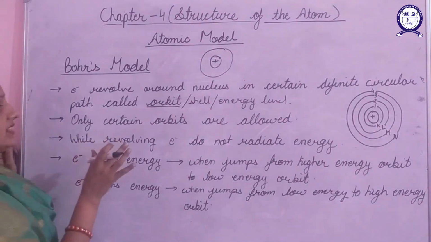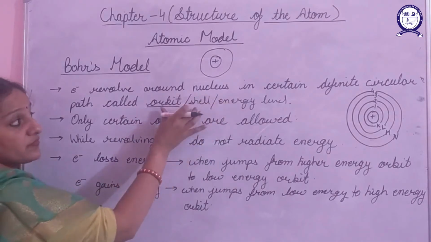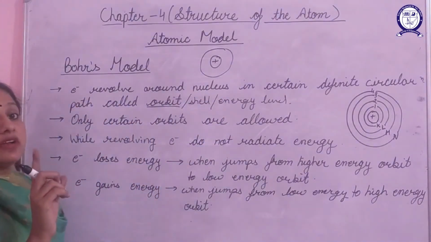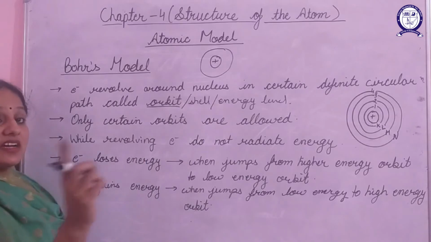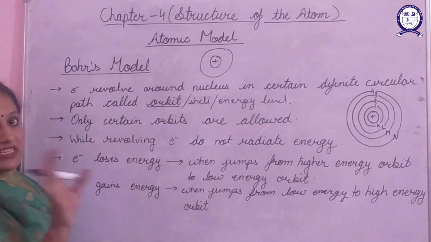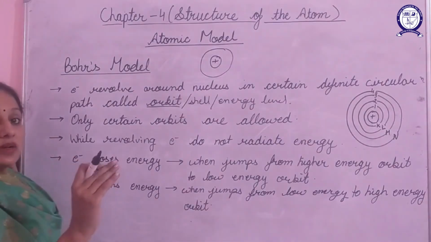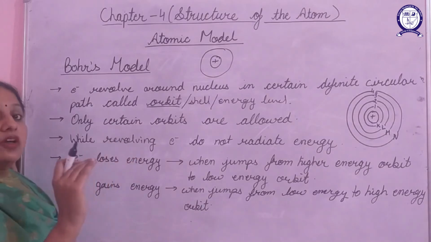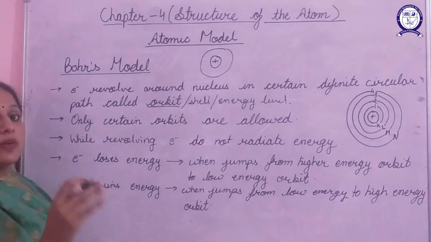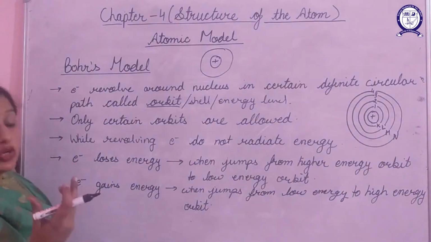Then he explained that whenever the electron revolves in these fixed orbits, it will not radiate energy. The reason is that the energy level of that particular orbit is fixed, so it need not radiate energy. Whenever the electron jumps from a higher orbit to a lower orbit, or from a lower orbit to a higher orbit, it will either lose energy or gain energy.